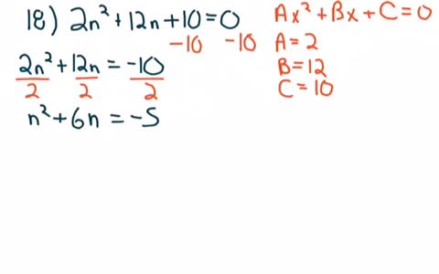So you got to be a little careful on this one because the number in front of n is no longer 12. So in the last problem, we were able to just divide b by 2 and then square it to figure out what we need to add to both sides. But after we divided by 2 all the way through, this number has changed.